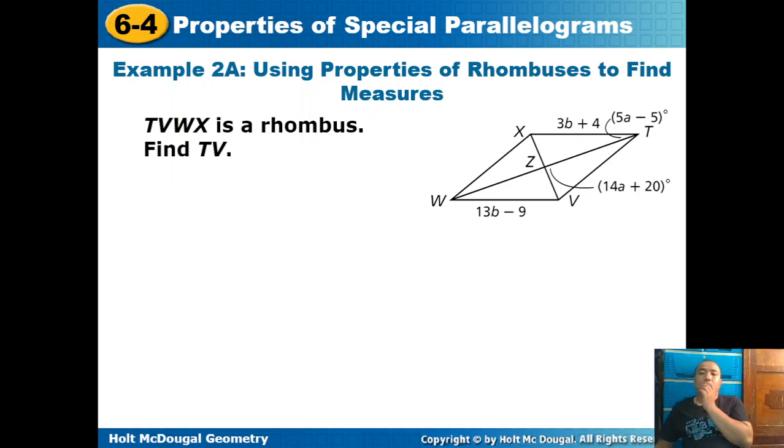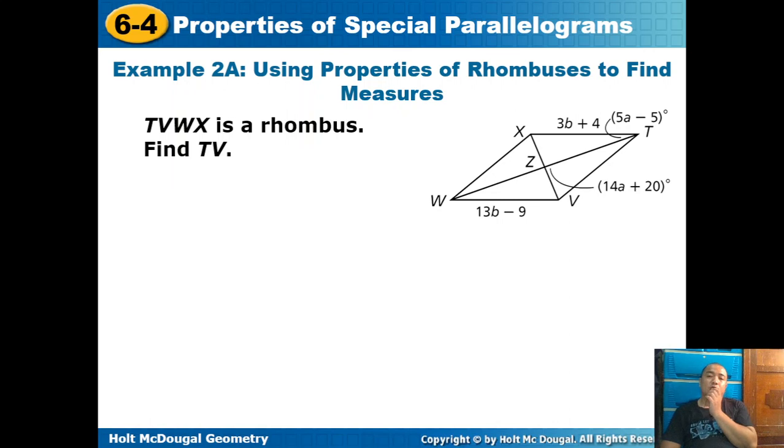Okay, let us try to use the properties of rhombuses to find the measures. TVWX is a rhombus, find TV. All sides are equal in a rhombus, so we must know the length of each side. XT is congruent to WV. So if we plug in, 13b minus 9 equals 3b plus 4.